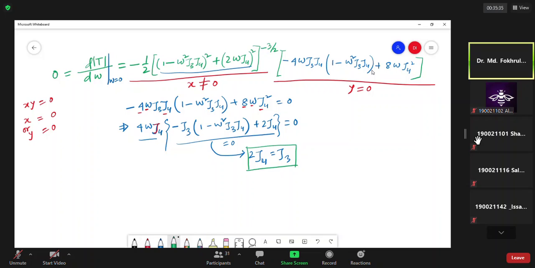And if it is the condition, then from our previous values, τ4 is RC4, is it? RC3 equals 2RC4. So from here we have C3 equals 2C4.